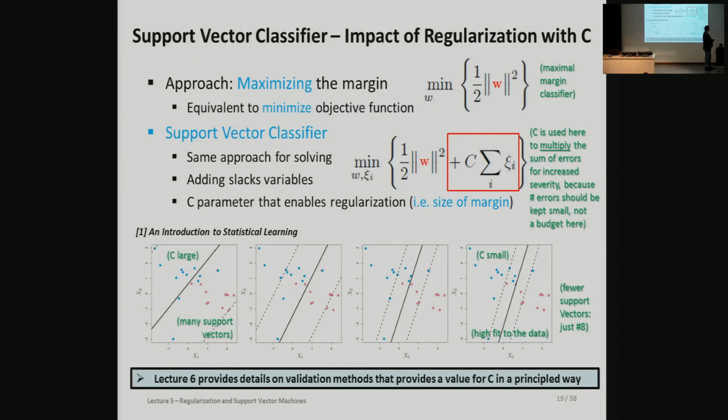So what actually changed is mostly that you put in this interesting parameter C, and with the slack variables you have, you can now see how much this really affects your parameters. And the interesting thing is C is searched in a principled way. In lecture 6 we will do that together with cross-validation.